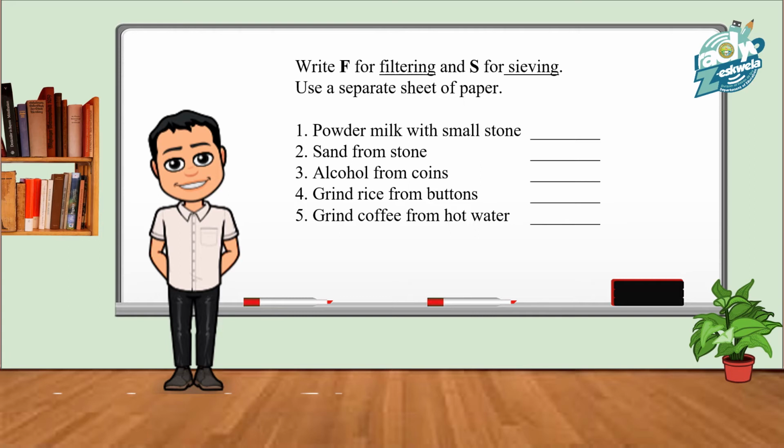Number 2, sand from stone. Number 3, alcohol from coins. Number 4, ground rice from buttons. Number 5, ground coffee from hot water.